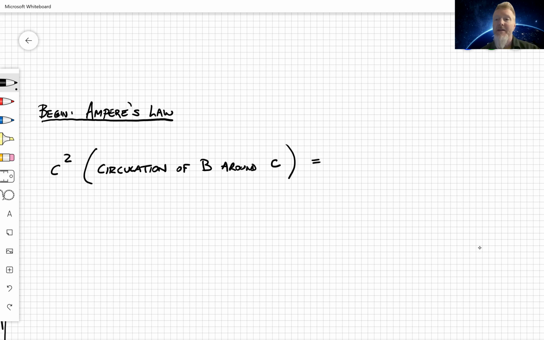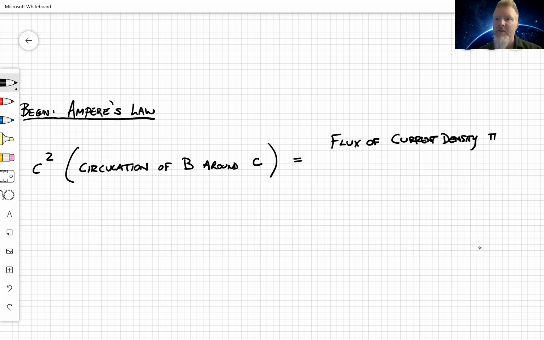But since this is a magnetostatic case, in other words, it's the case of constant currents, the d by dt term is going to vanish, and we're going to be left with the term of flux of current density through a surface S, and we're going to divide by epsilon naught.